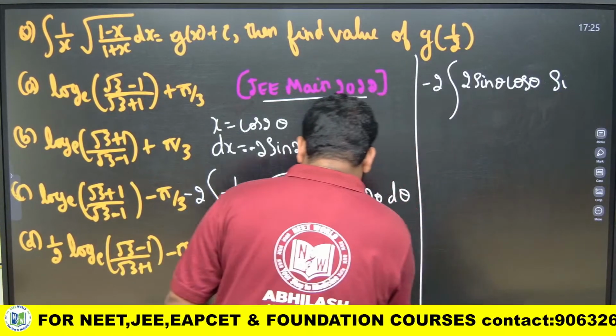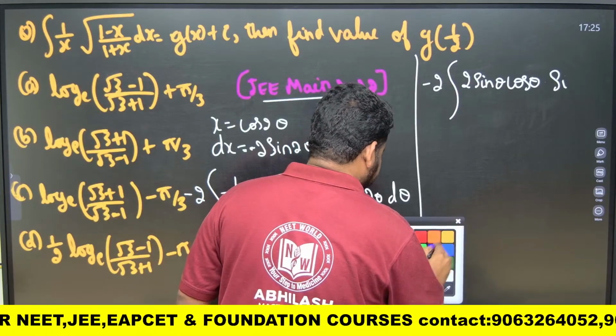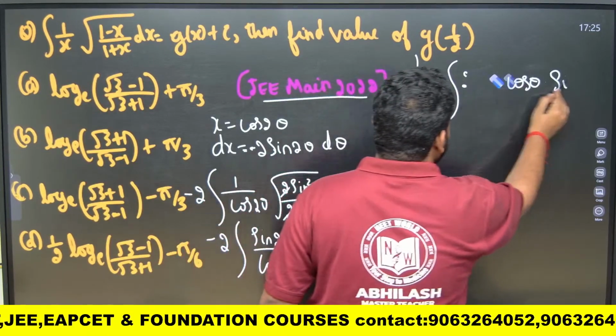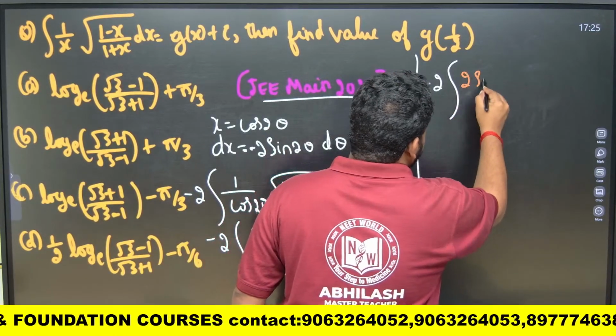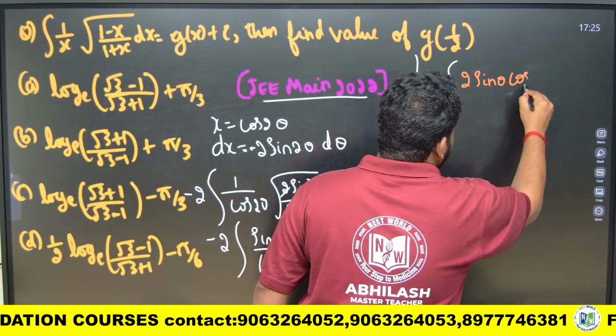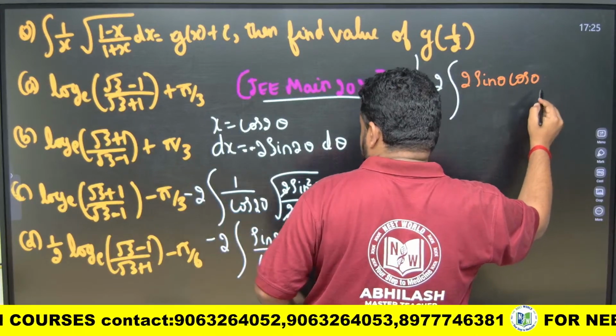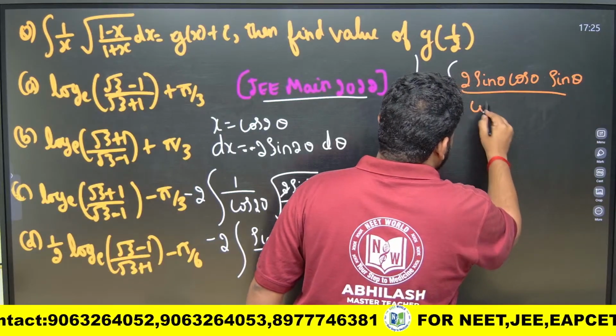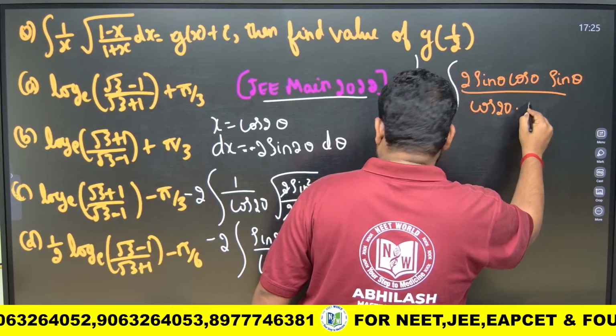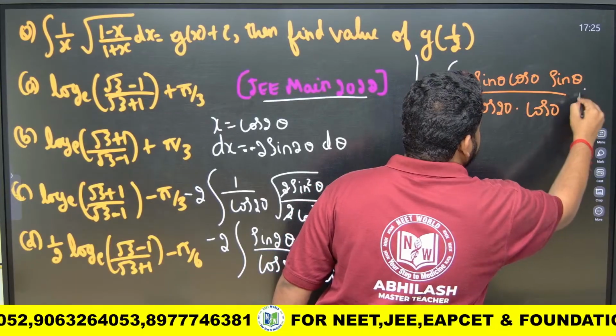This step I'll write as my star step. See here, I can write it as 2 sin theta cos theta into sin theta, divided by cos 2 theta into cos theta, d theta.